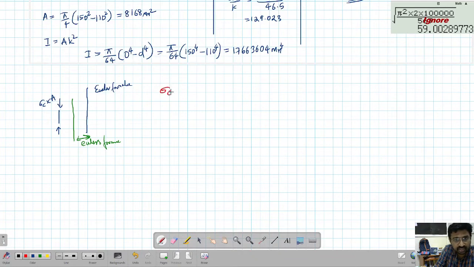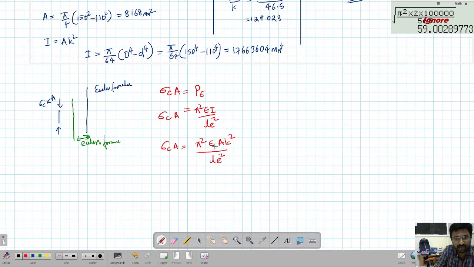So sigma c into A gives the strength, and this equals the strength due to Euler's formula. Euler's formula is pi square E I upon L_E square. This formula you are expected to remember. So sigma c into A equals pi square E into A K square upon L_E square. The area cancels out.